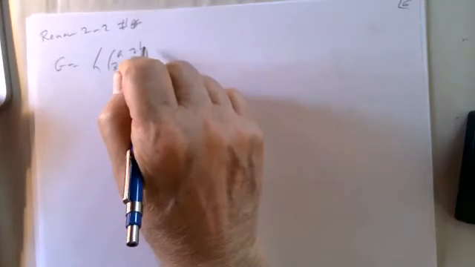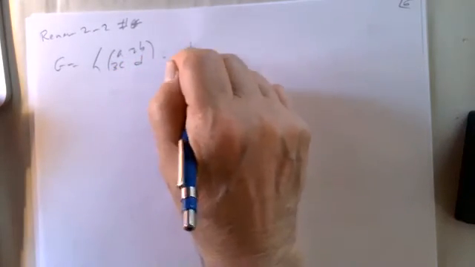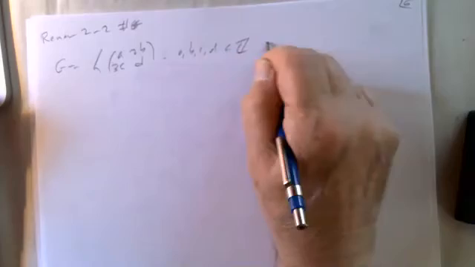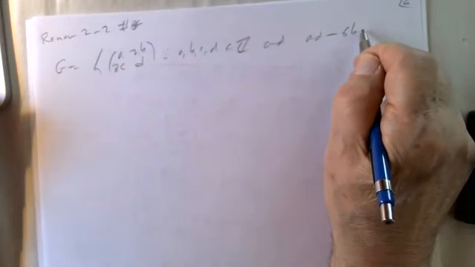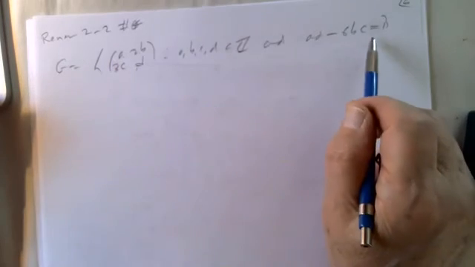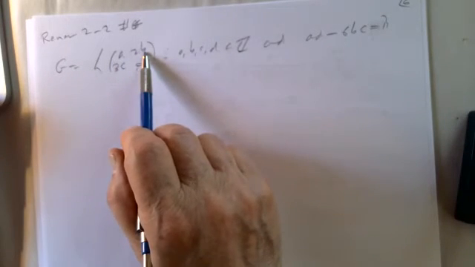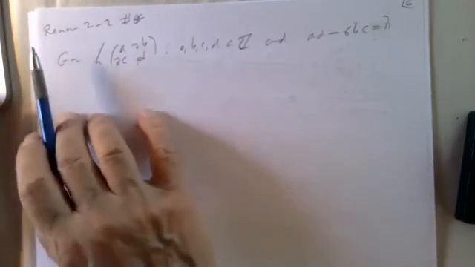So we're looking at the set of all matrices of the form a, 2b, 3c, d, where a, b, c, and d are integers, and the determinant ad minus 6bc is 1, because 2b times 3c is 6bc. So these are integer matrices with determinant 1, where this coordinate is even and this coordinate is divisible by 3. And we want to show it forms a group.